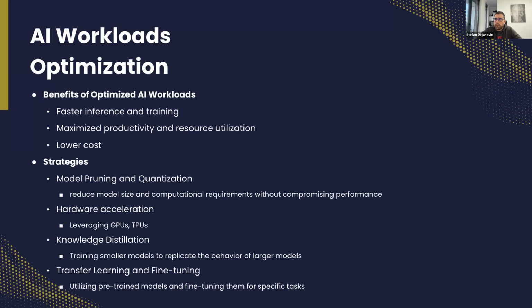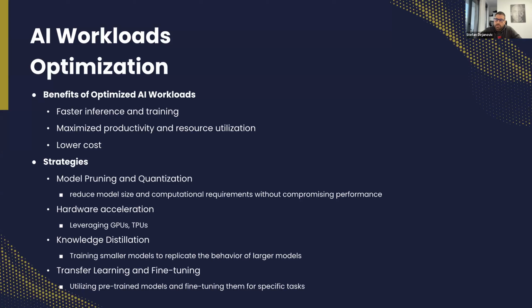Next thing, hardware acceleration, leveraging GPUs and TPUs that can enhance the speed of model inference. For example, Hugging Face seamlessly integrates with frameworks like TensorFlow and PyTorch, allowing users to get the power of these hardware accelerators effortlessly.